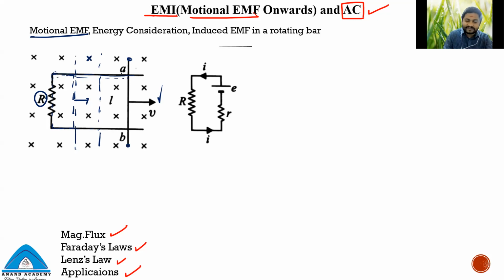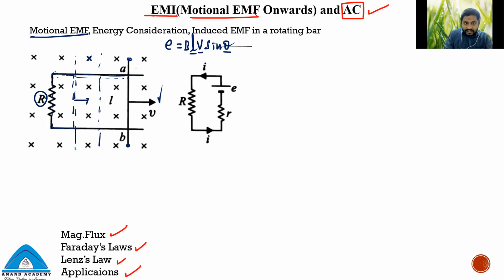I hope you understand, there is a magnetic flux change. When there is a magnetic flux change, an induced EMF will be produced. And what is that induced EMF? E is equal to B into L into V into sine theta, where theta is the angle between L and V.